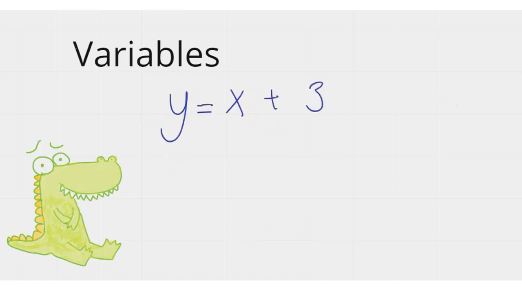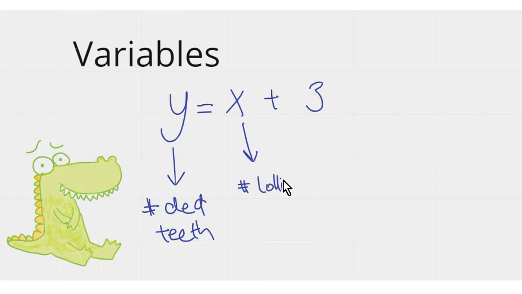So here this just means that the number of teeth fallen out is equal to the number of lollies eaten plus 3.